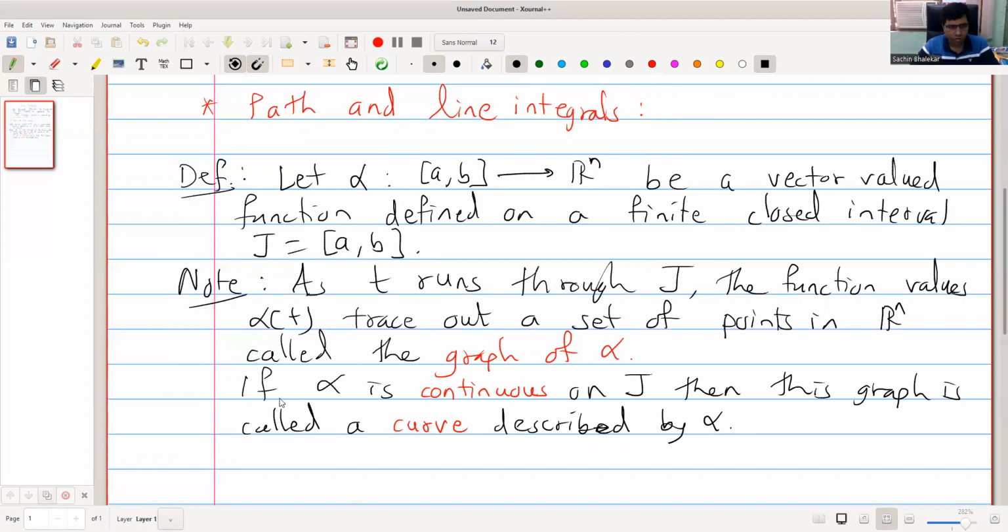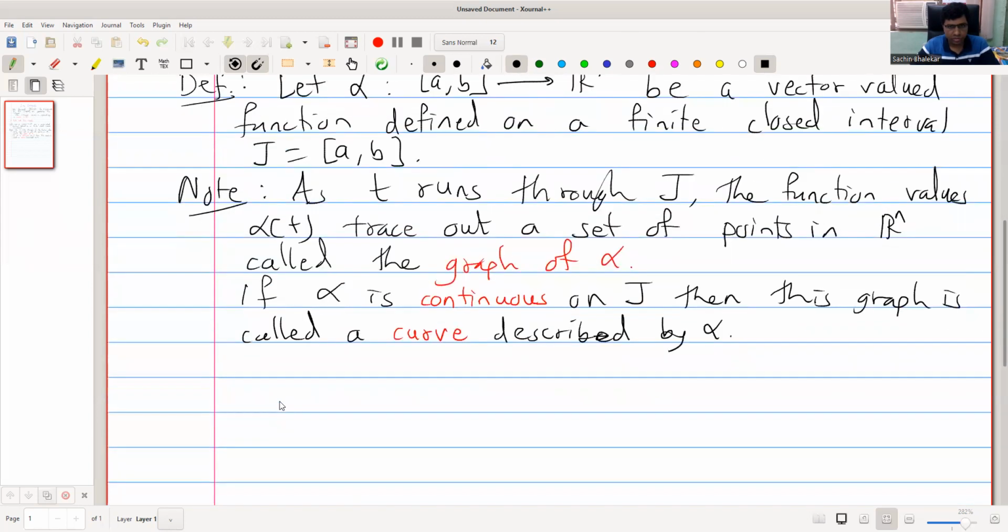Let us see an example of such a curve or path.